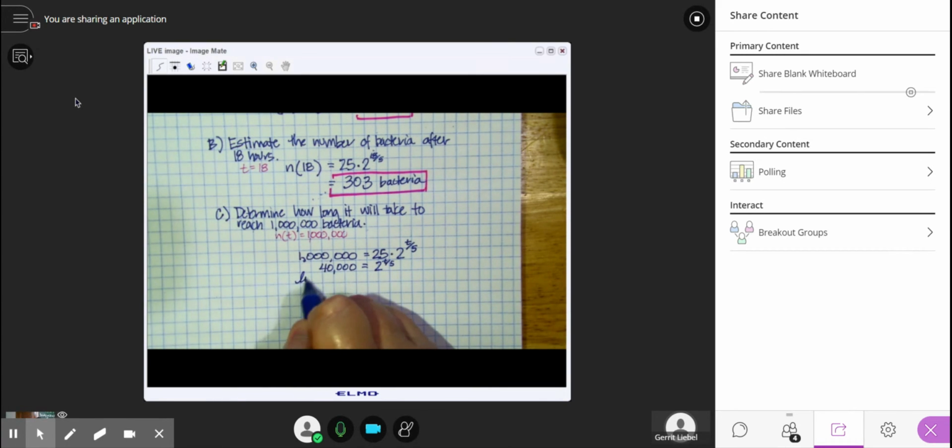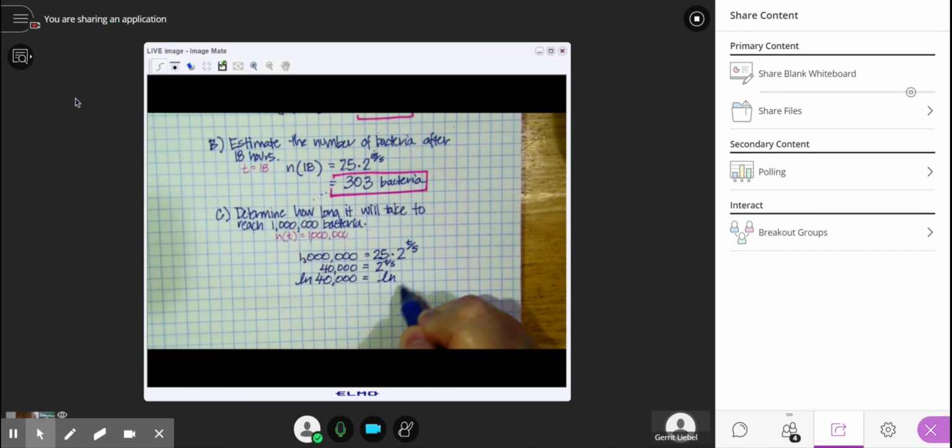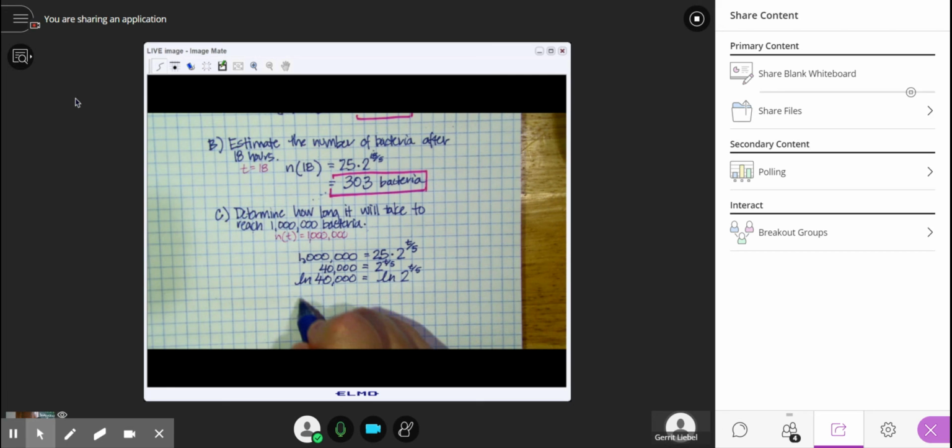Now, I like to use the natural log really just because I'm lazy, and I would prefer to write 2 letters rather than 3. Now I can take that t over 5 and move it down front.